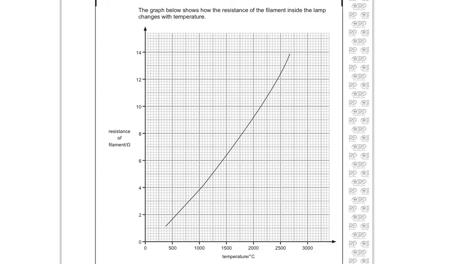So the graph below shows how the resistance of the filament of the lamp changes with temperature. And you can see here we've got a range of temperatures in degrees C and their corresponding lamp filament resistances. And you can see that the filament resistance is increasing, but it's not linear.